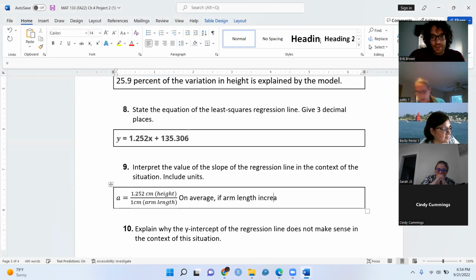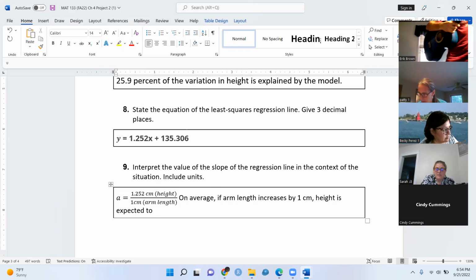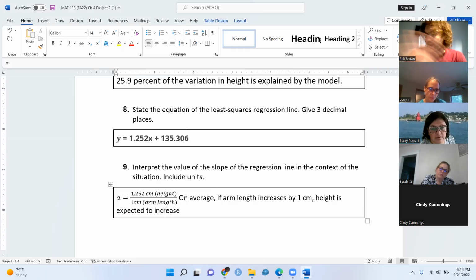If arm length increases by 1 centimeter, comma, Y, which is the height, is expected to, and here we have to decide, is the slope positive or negative? Increase. Good, we say increase because it's a positive slope. If it was negative, we would say decrease, and we would always just write the number without a sign on it. So expected to increase by 1.252 centimeters. Done.